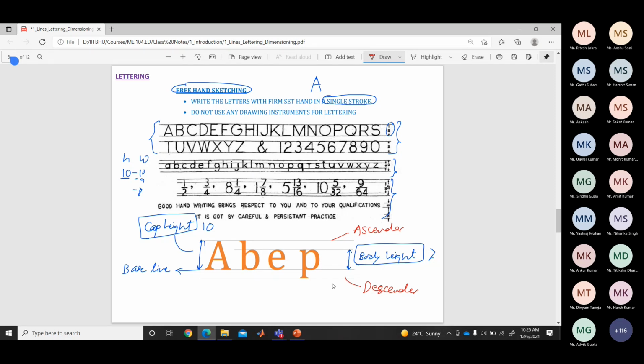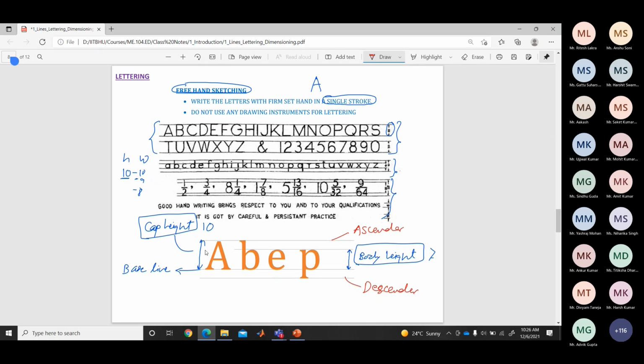Sir, are both the middle line called bar line? See here what we have. We have the topmost line, the ascender, the bottommost, the descender, and where the letters sit, A, B, E, they are all sitting on one line that is called the baseline.